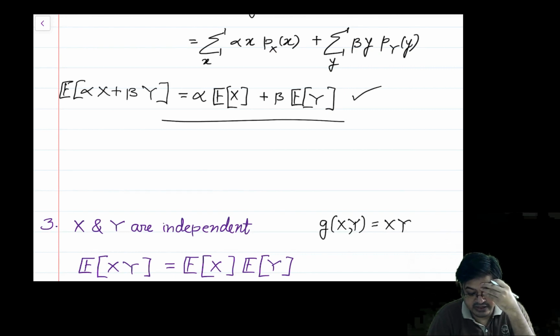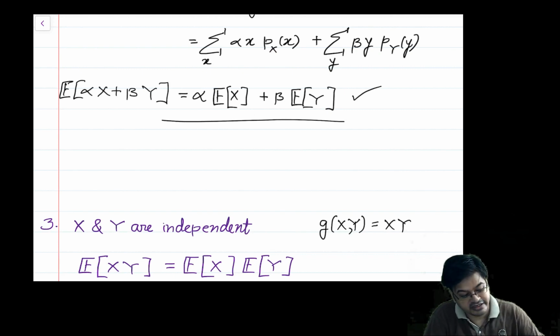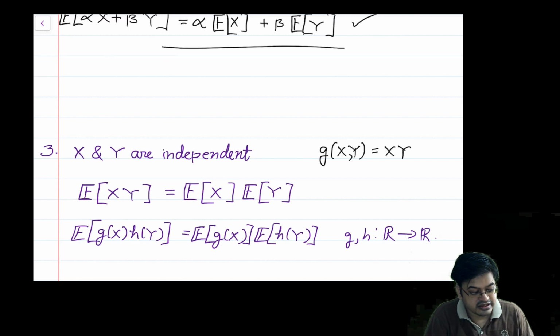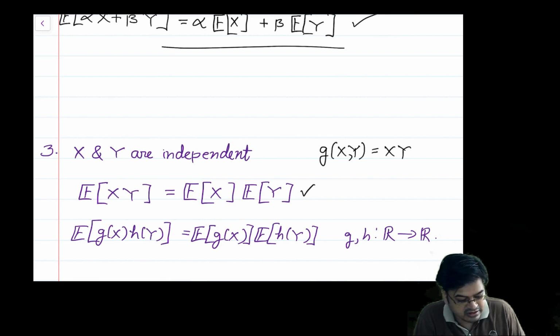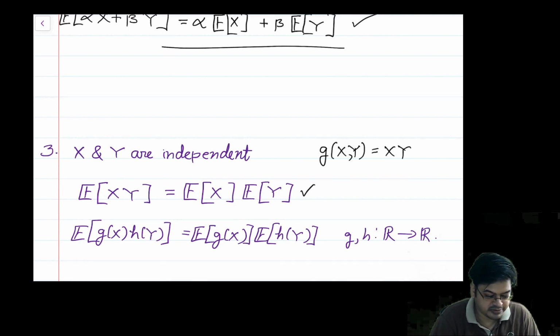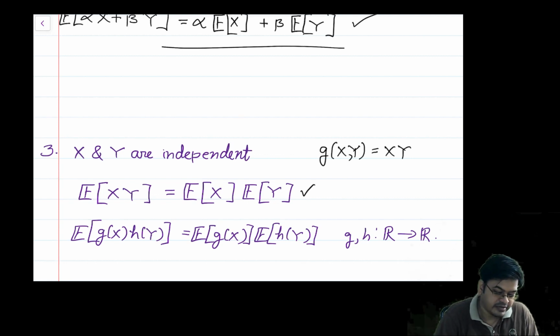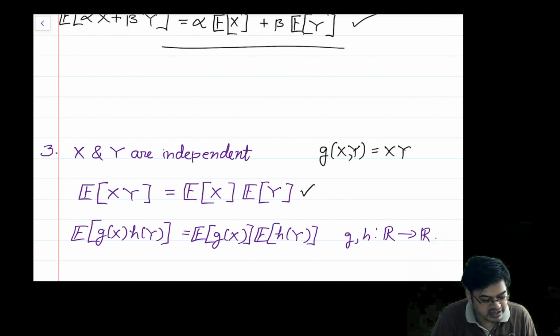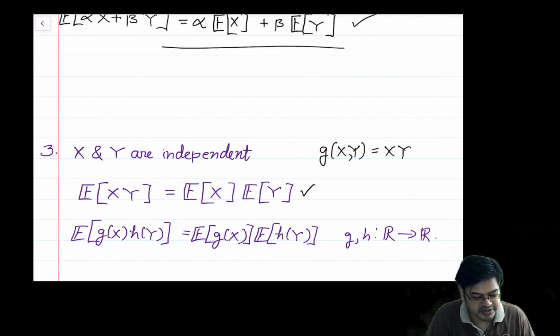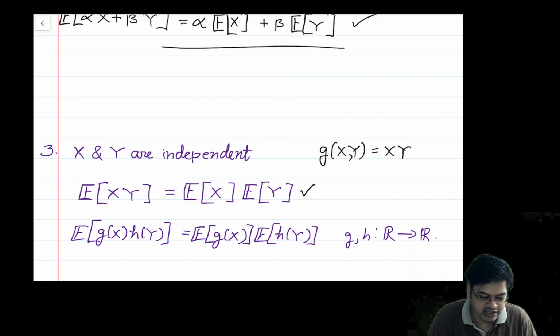If g(x, y) is the product of these two random variables, then we have a result which is given as product of expectations. Further, you can write some other function where g and h are functions from R to R, and because they are independent, you will have expected value of g(x) into h(y), which is equal to expected value of g(x) into expected value of h(y).